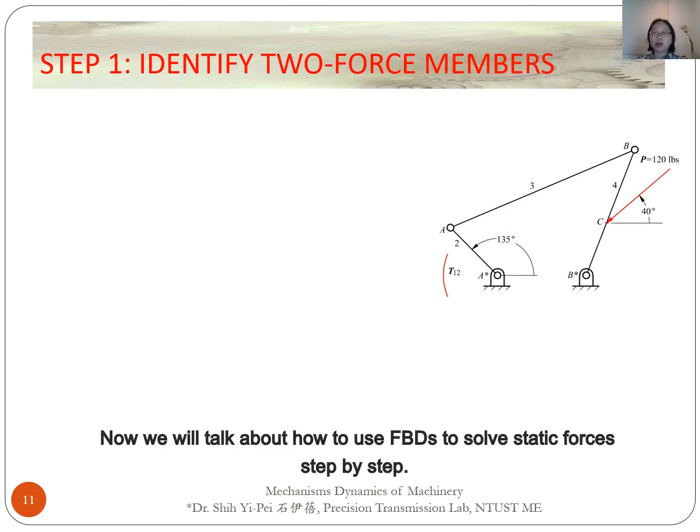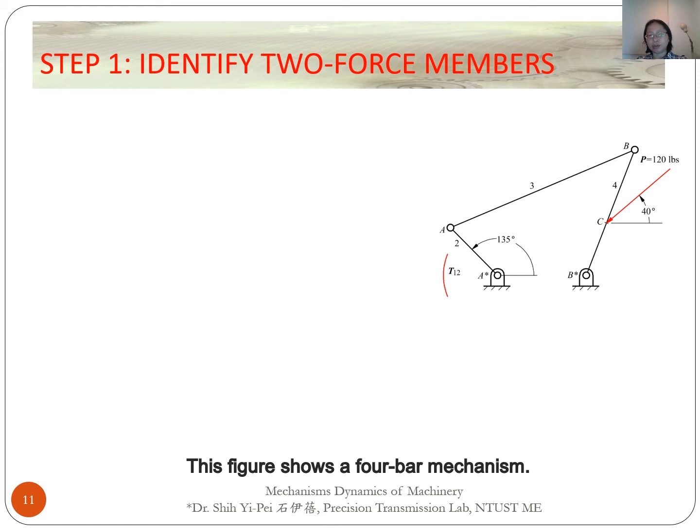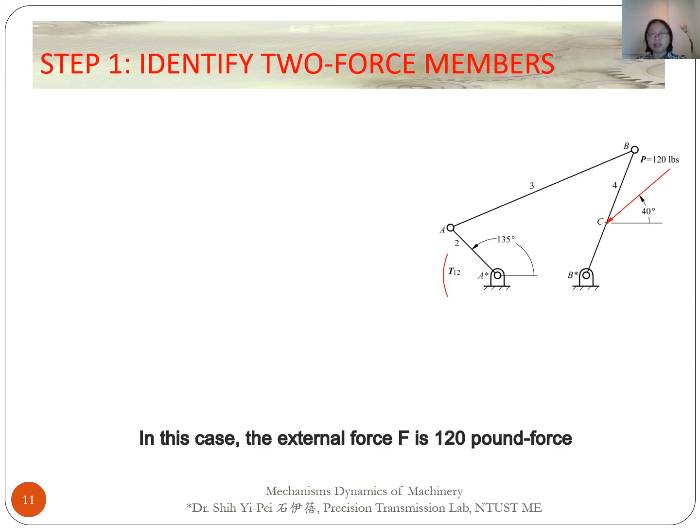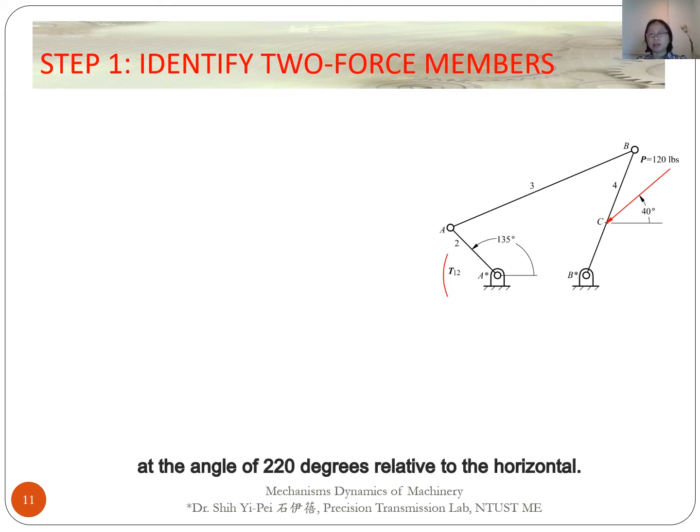Now we will talk about how to use free body diagrams to solve static forces step by step. This figure shows a four-bar mechanism. This mechanism has four revolute joints. In this case, the external force F is 120 pound force at the angle of 220 degrees relative to the horizontal.